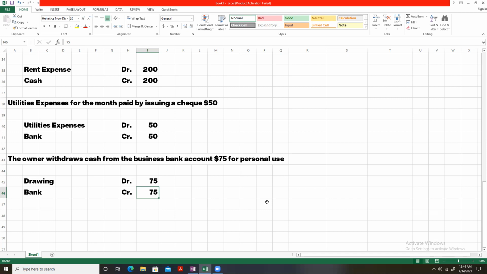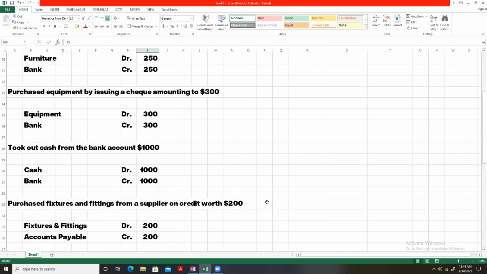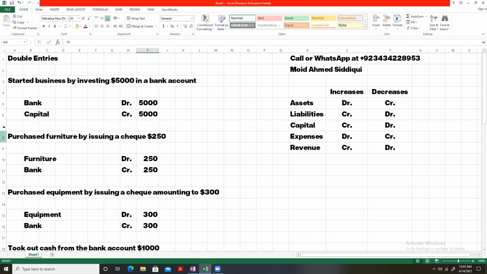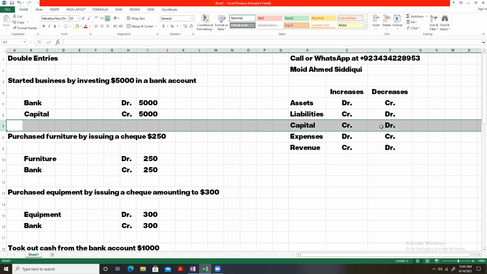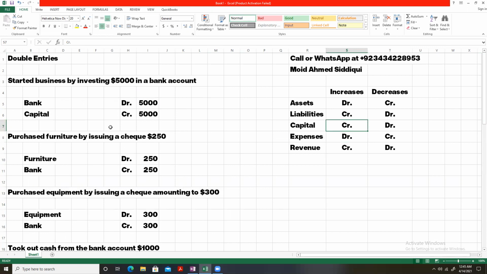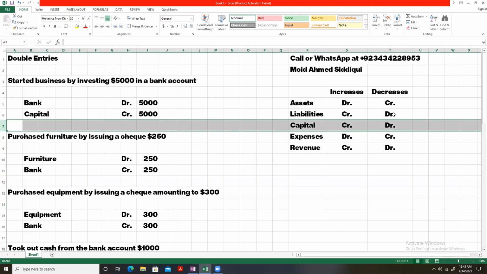When there is an investment, we credit the capital account. Whenever the owner makes an investment, the capital increases, and when the capital account increases, we credit the capital account.